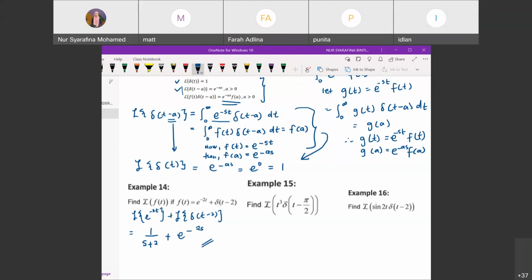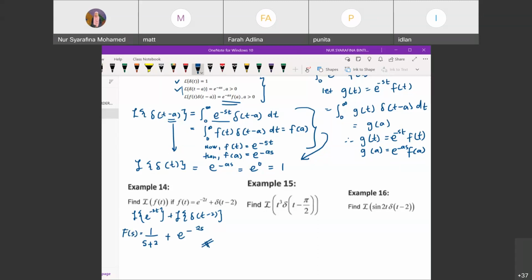This is your F(s). Okay, clear? Very easy, right?